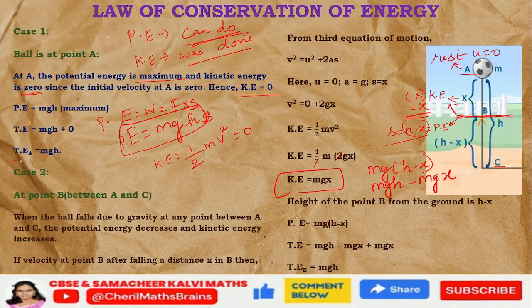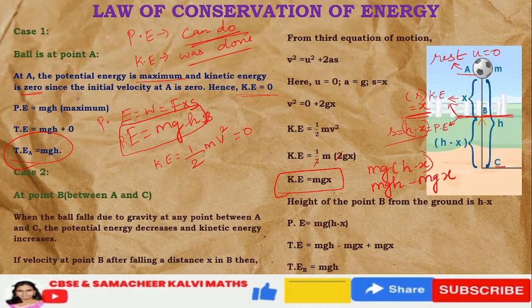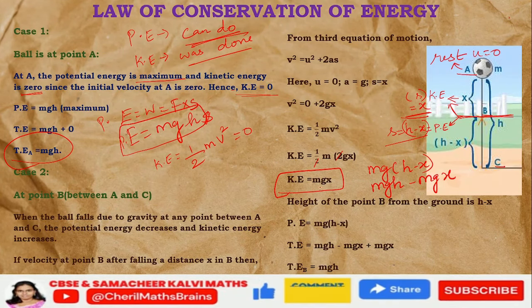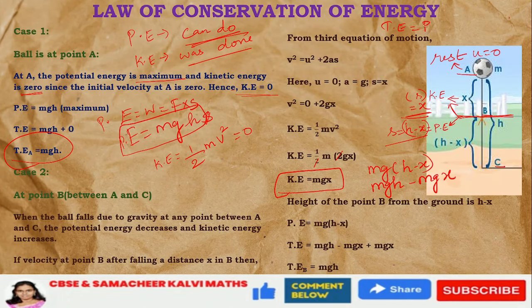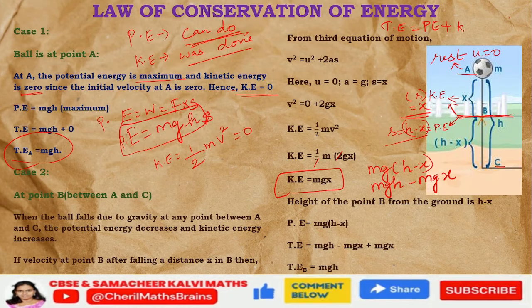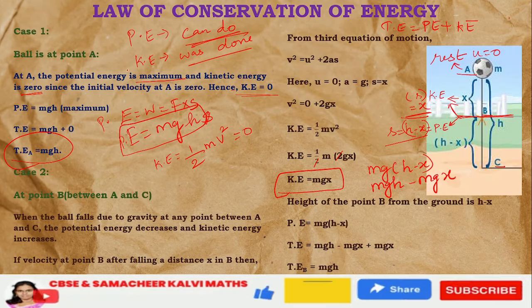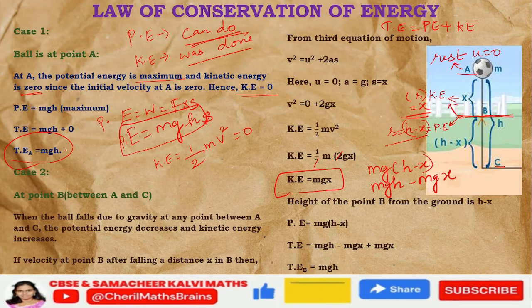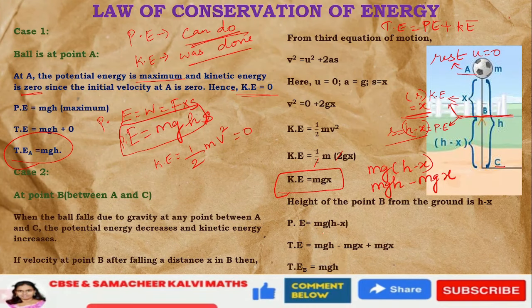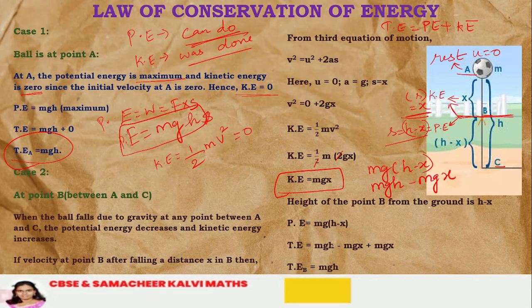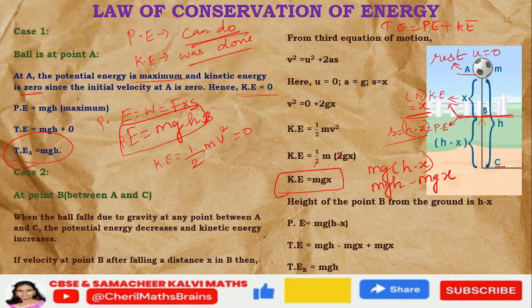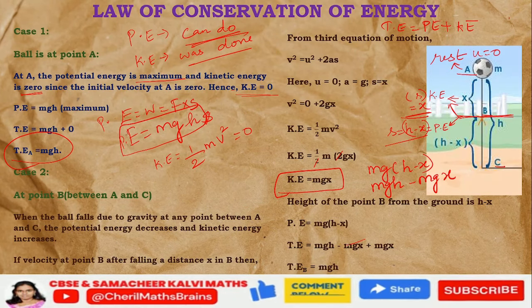See clearly, children, here also you have mgh and here also you have mgh. So what is the total energy? Total energy means you are adding the potential energy and your kinetic energy. Here kinetic energy was 0, so we wrote the potential energy directly. But here we have both kinetic energy and potential energy. Even then when you are adding up both, you are getting only mgh. Is it clear, children? Because the mgx and mgx is getting cancelled.